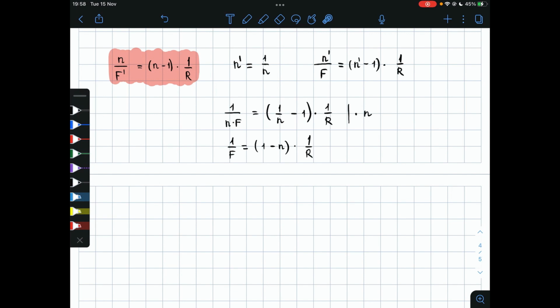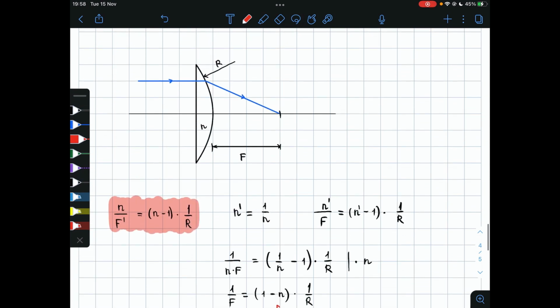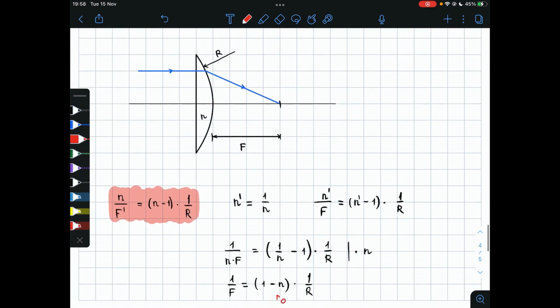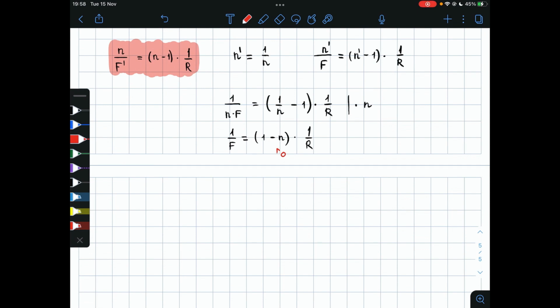No, because our ray is hitting a concave surface, so this is less than 0. Also, our r, radius of the curvature, will be also a negative number, so they will cancel each other, and the focal point will be a positive number.